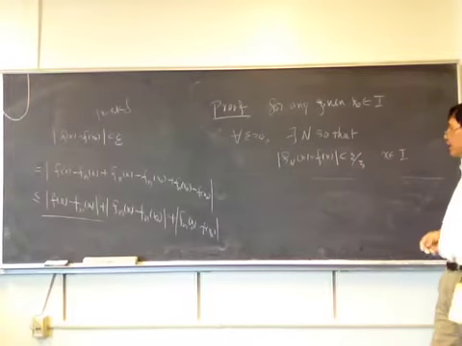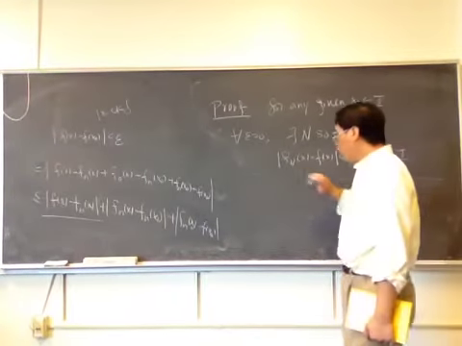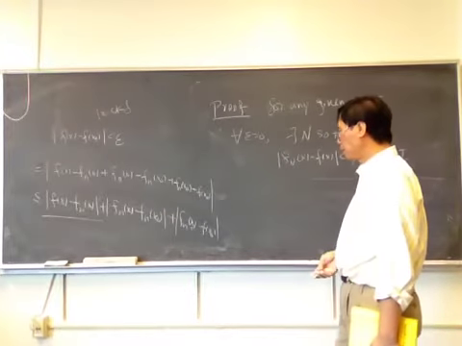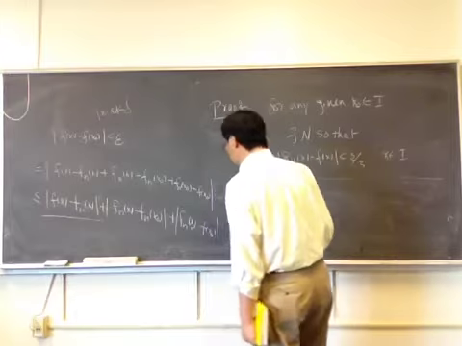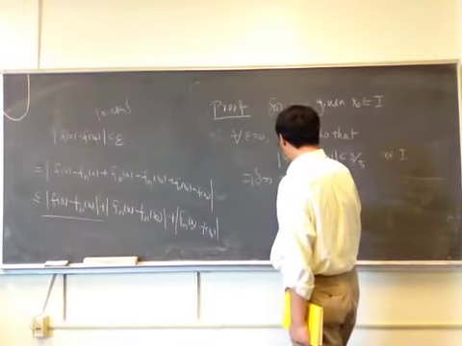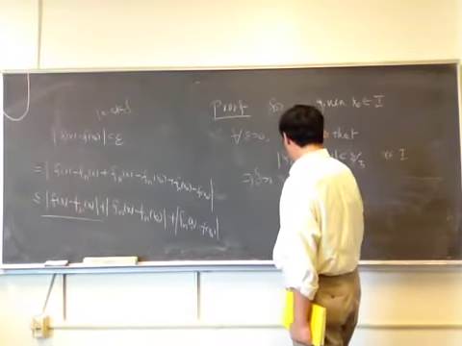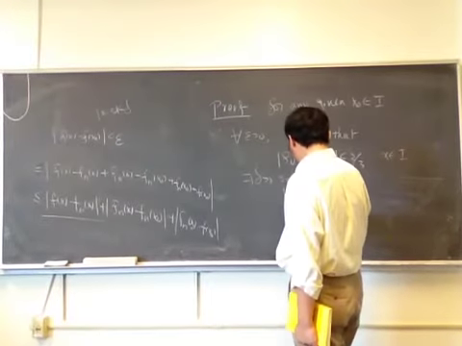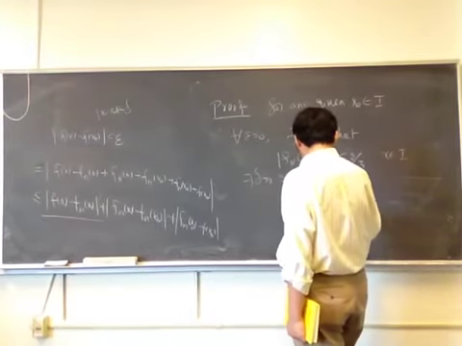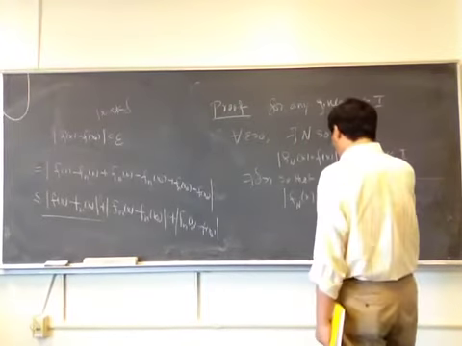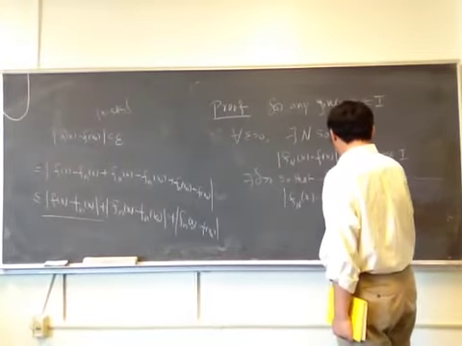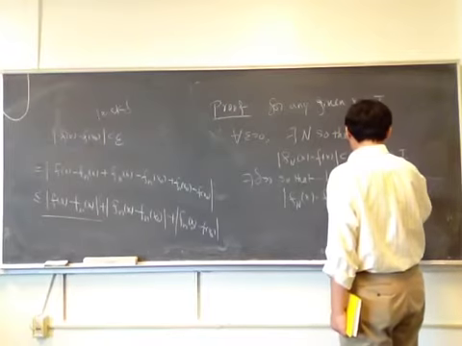Okay, choose one n. Now for this particular fixed n, there exists delta greater than 0 so that |fn(x) − fn(x0)| is less than epsilon over 3 whenever |x − x0| is less than delta.